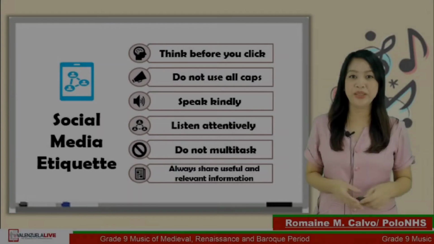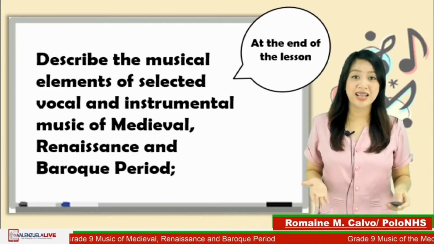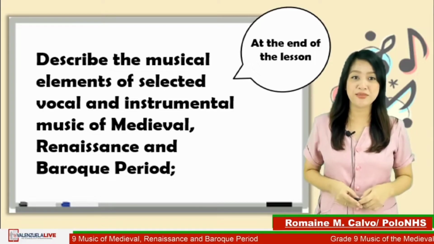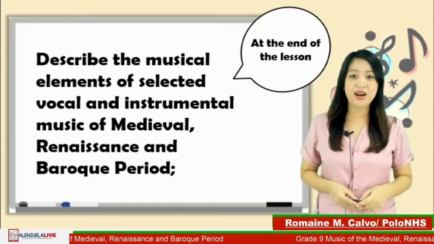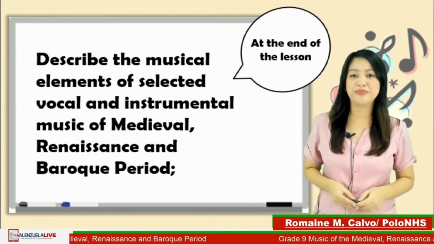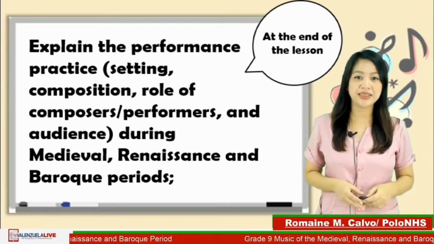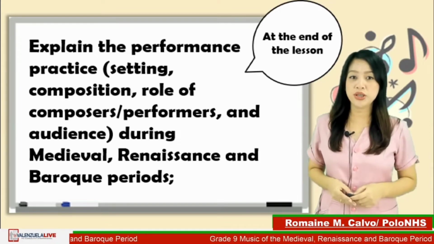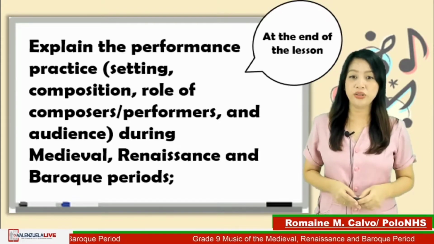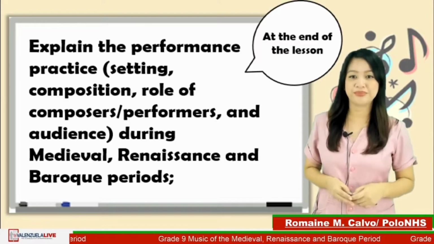At the end of our class, you will be able to, first, describe the musical elements of selected vocal and instrumental music of the medieval, Renaissance, and Baroque period. Second, explain the performance practice such as settings, composition, role of composers, performers, and audience during medieval, Renaissance, and Baroque music.